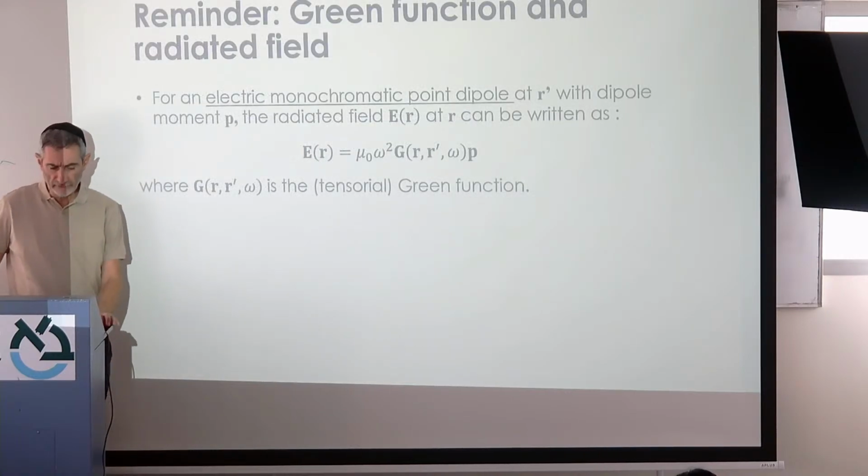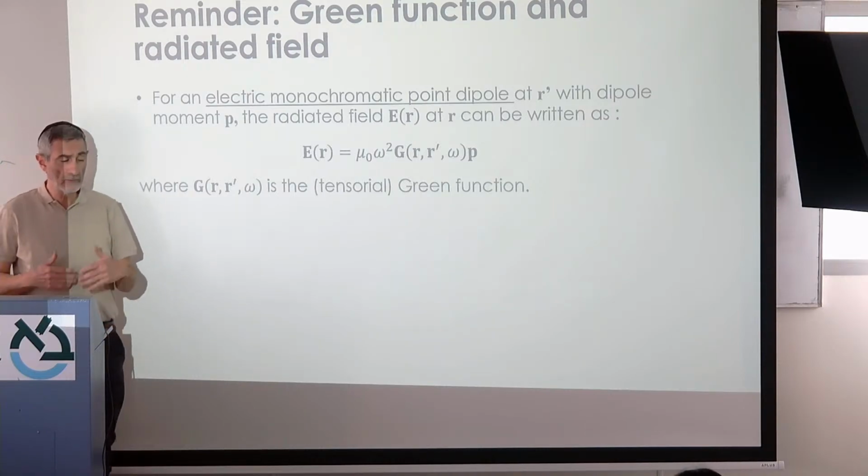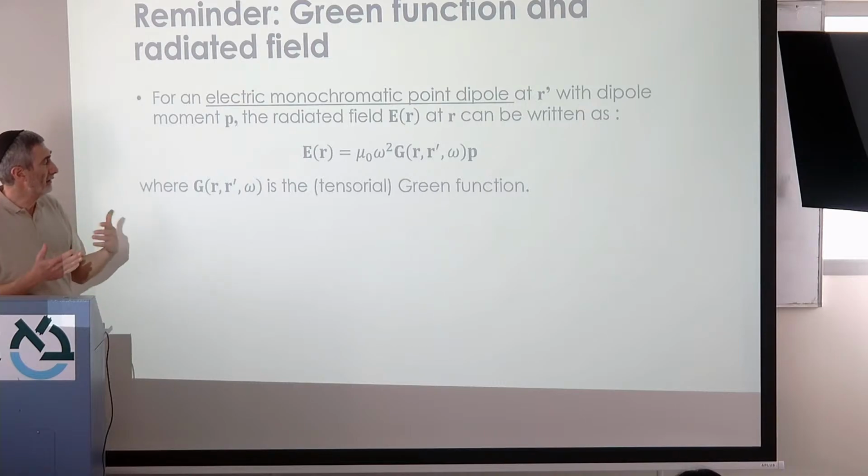Let me first give you a small reminder about the Green's function. So you remember that the interest of the Green's function, or the Green tensor, is that once it is known, then you can calculate the response of the medium to any source. Starting from a radiating source, the Green's function tells you what is the electric field away from that source.